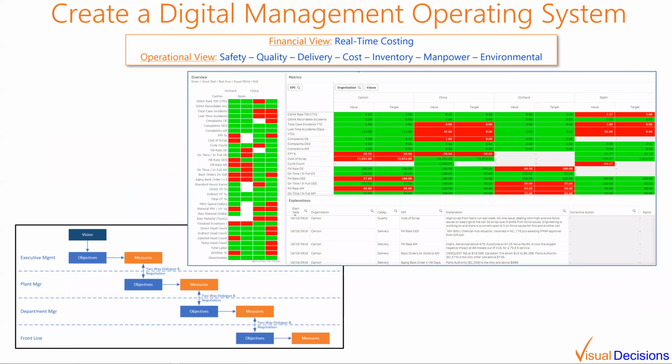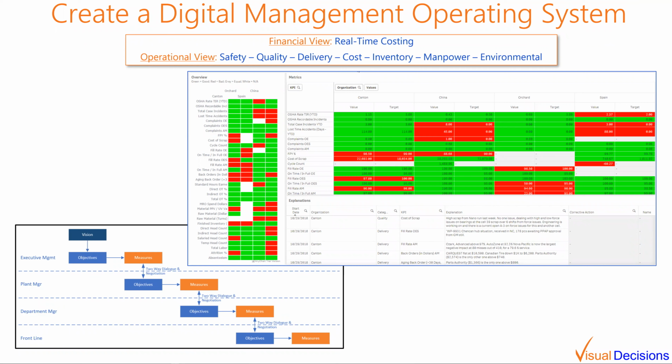Another capability with the Industry 4.0 solutions, and I've done an extensive webinar on this topic in the past, is creating a digital management operating system. How do you get everybody on the same page? And this helps address those things I talked about earlier with the elephant, where different people, depending on the metrics that they look at, might have a different view of how the business is performing.